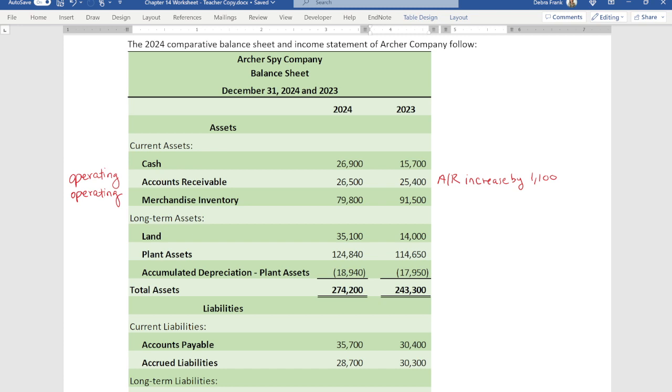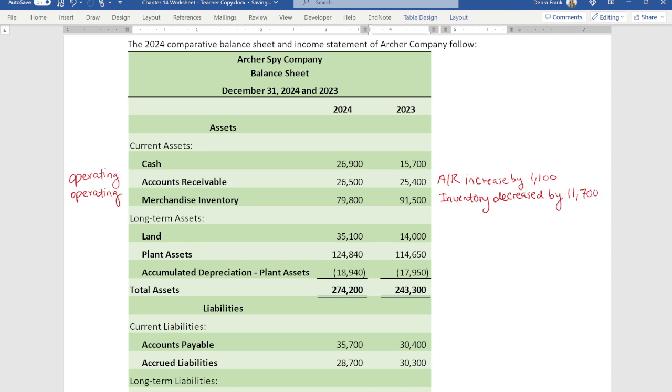So we must have sold more merchandise inventory. So let's go ahead and write down inventory. And it decreased by the difference of 91,500 minus 79,800, and that is 11,700. All right, so it's the opposite.